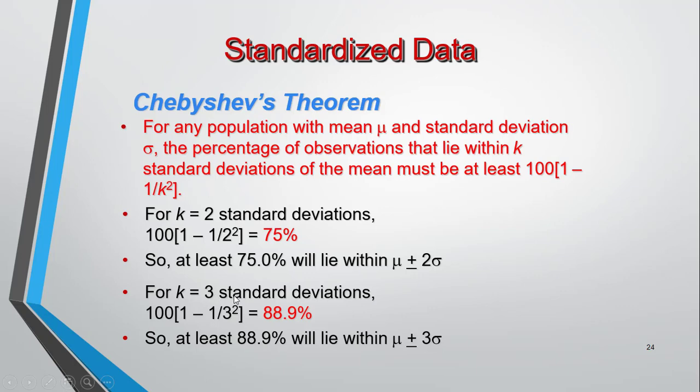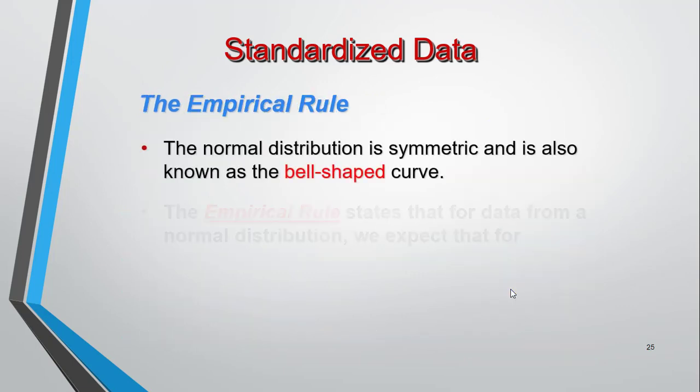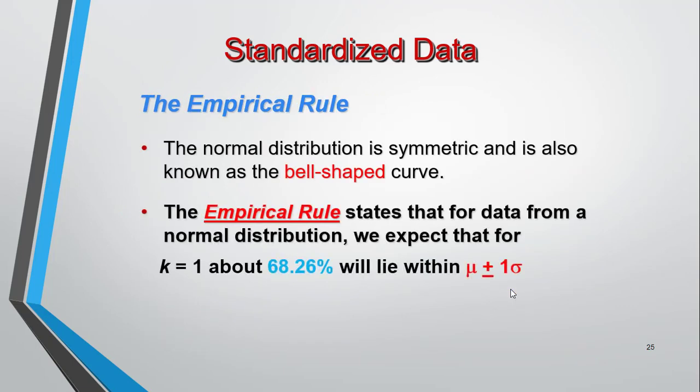If k is 3 standard deviations, you calculate that and get 88.9%, so at least 88.9% will lie within 3 standard deviations. You can apply this to any set of data, but this limit tends to be too wide to be very useful.